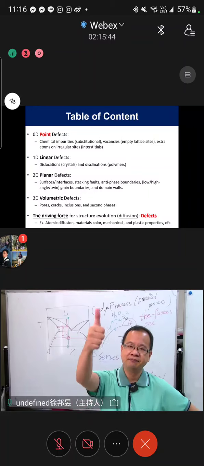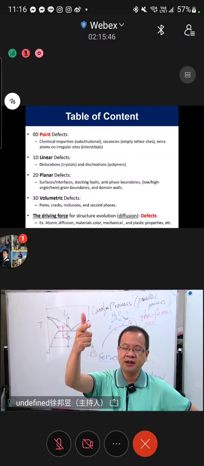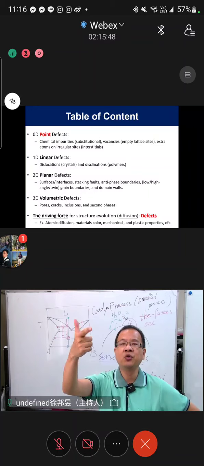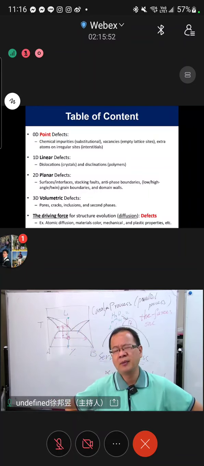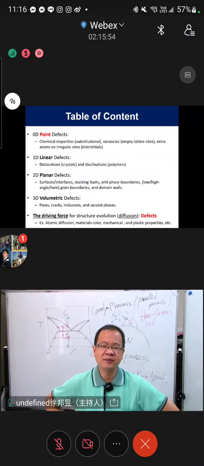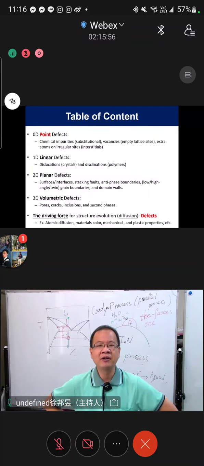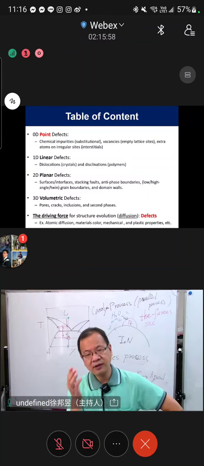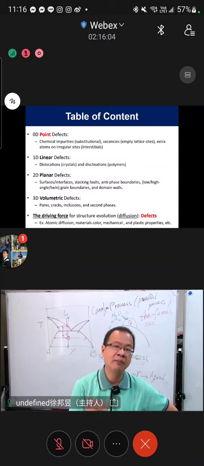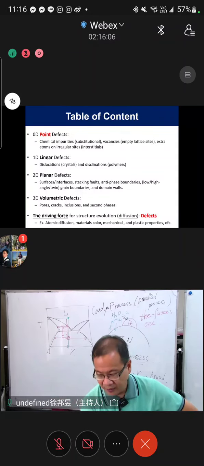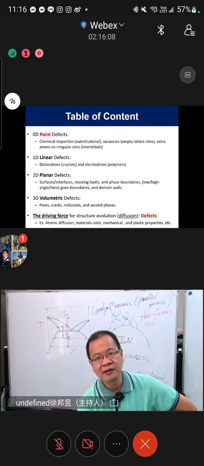Okay, so the first target, defects. The second target, the diffusion rate. Then you have learned probably more than 60% to 70% of kinetics. We just take different examples again and again in different equations, or the equation is the same but with different parameters. That's it. So the important targets are defects and diffusion.